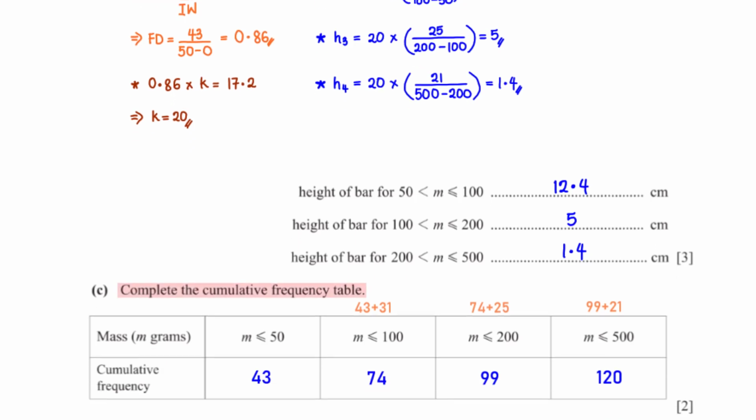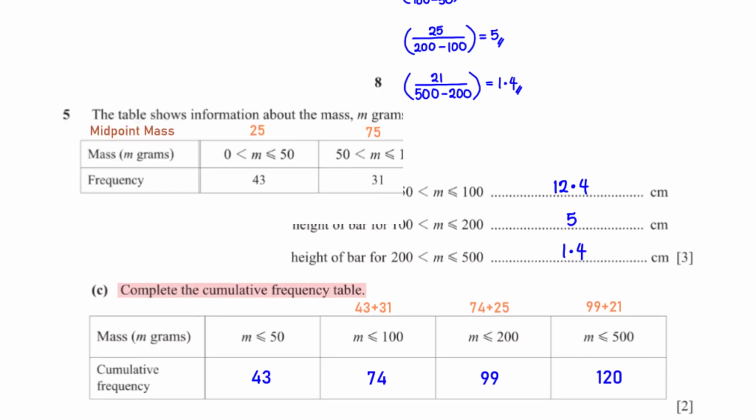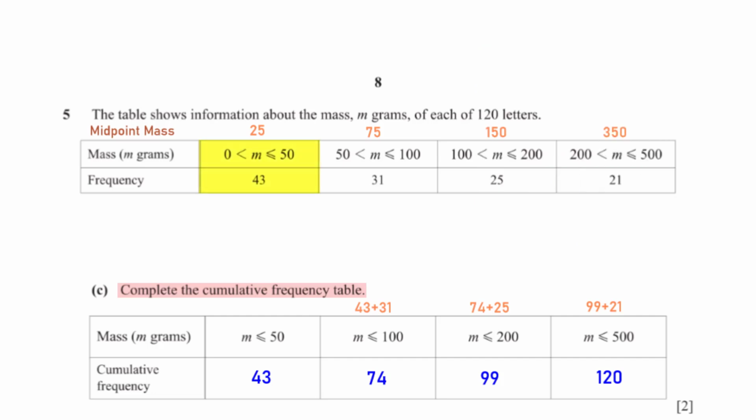Complete the cumulative frequency table. For m is less than or equal to 50, the cumulative frequency is 43. For m is less than or equal to 100, the cumulative frequency is 43 plus 31, which is equal to 74.